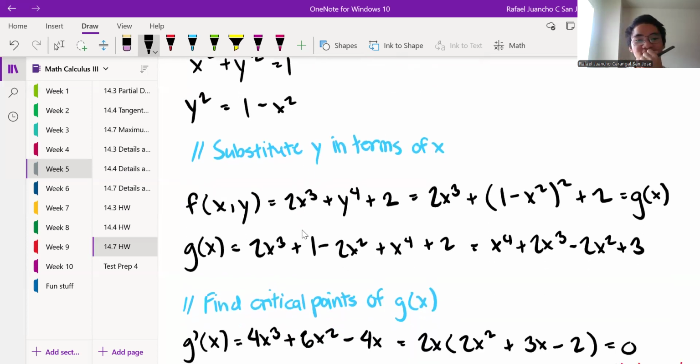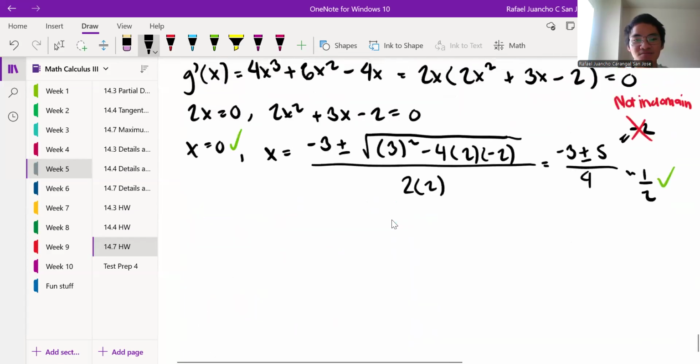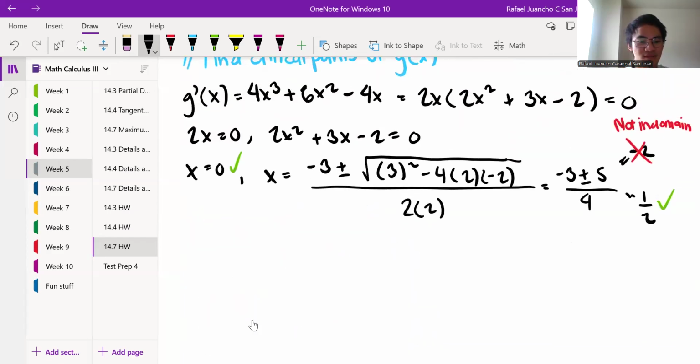That's what's fascinating. So I could just use my g of x to do this, right? At g of 0, at g of 1/2, and then at g of 1, and then at g of negative 1.